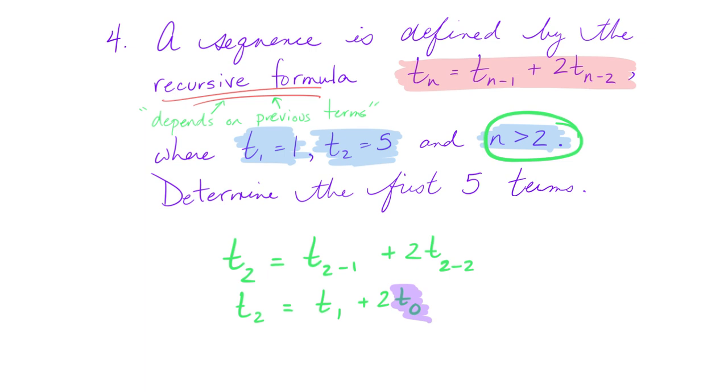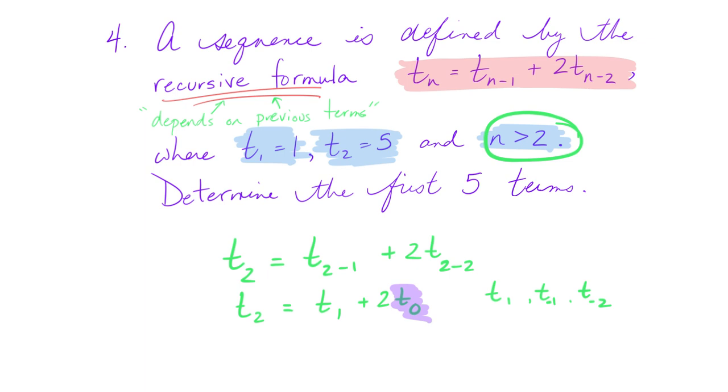So I'm hoping that you can see why it requires that restriction that n has to be greater than 2. If n is ever not greater than 2, we end up getting a term that is term 0, or a term that is term, I don't know, 1, or term -1, or term -2.